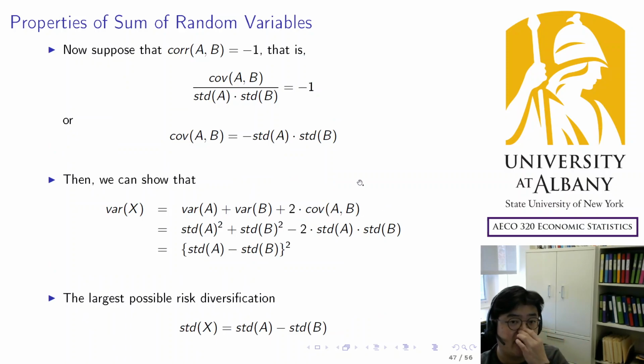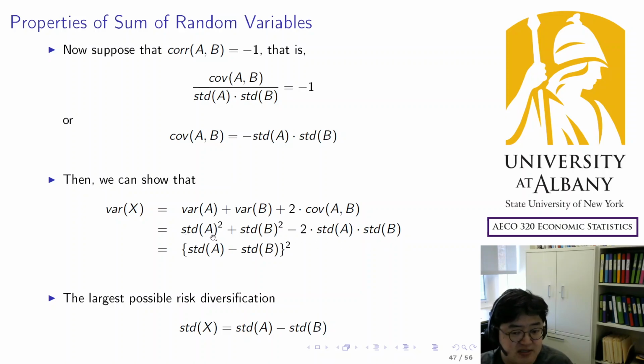And now let's think about the other case. What happens if two assets are perfectly negatively correlated? We start from here, right? Under this assumption, that means covariance is minus the product of the standard deviations. Plug that into our covariance formula. Then you may rewrite this in this way, right? This is exactly the expansion of A minus B squared.